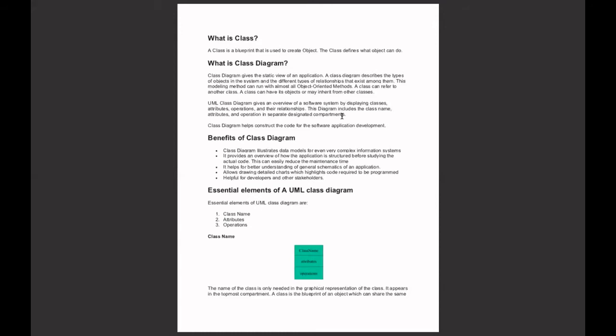Each object created by the class is a single instance of the class. It means each object which is created by a class is a single instance of the class, and this is why the term instantiation is used in object oriented terminology, object oriented programming, or object oriented concepts.